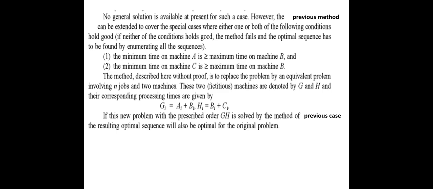Whatever processing times are given, the processing time of A and the processing time of B are added and denoted by G. Similarly, the processing times of B and C are added and denoted as H. So this new problem, with the prescribed order G, H, is solved by the method of the previous case, that is sequencing of n jobs on 2 machines, and the resulting optimal sequence will also be optimal for the original problem, that is the order A, B, C.